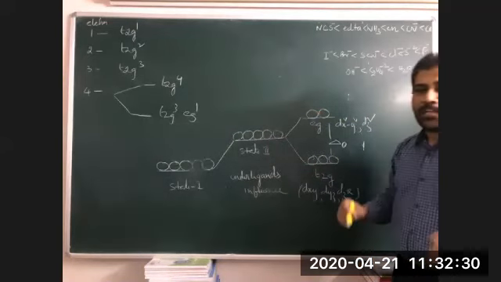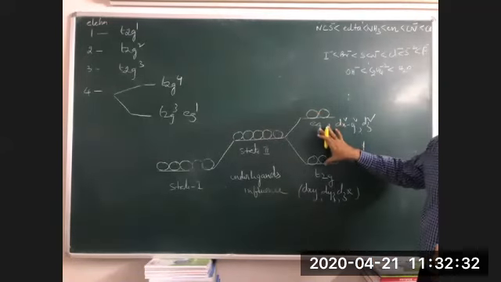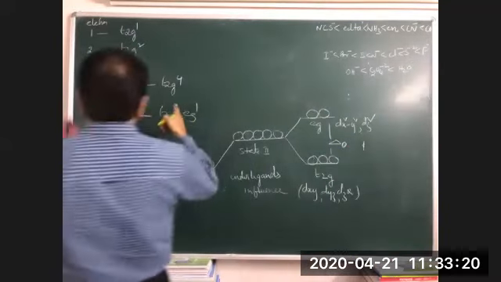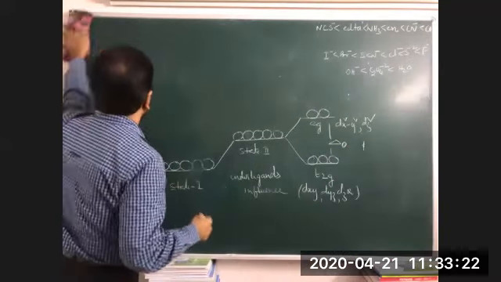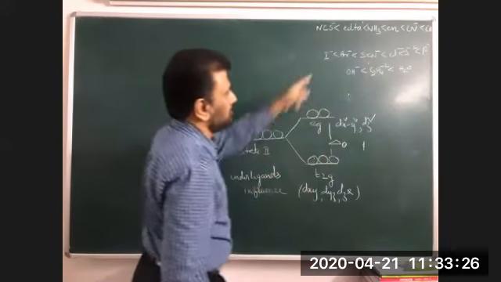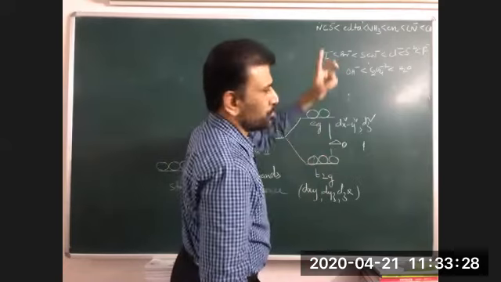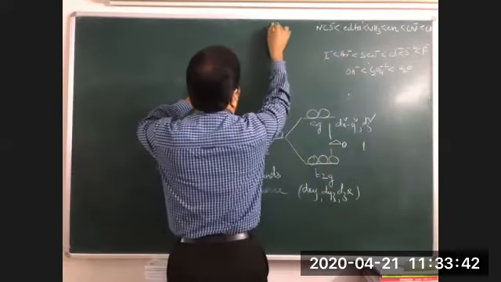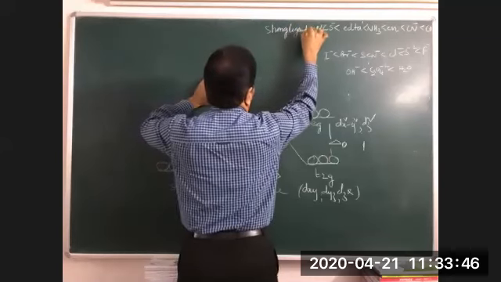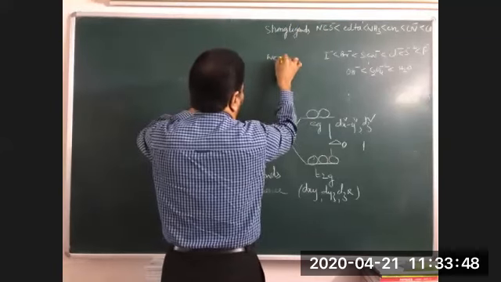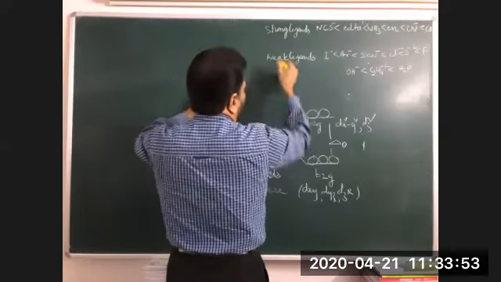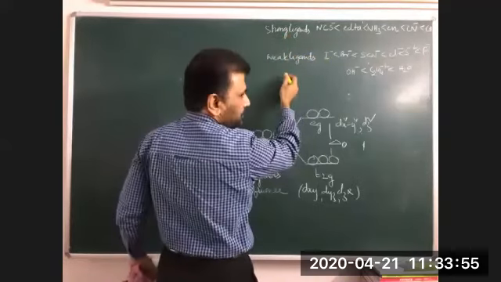That means there are 2 types of ligands, strong ligands and weak ligands. Likewise, you have to write the configurations. This energy difference depends on the ligands. These are strong ligands, and these are relatively weak ligands. This is called strong field, and this is called weak field.